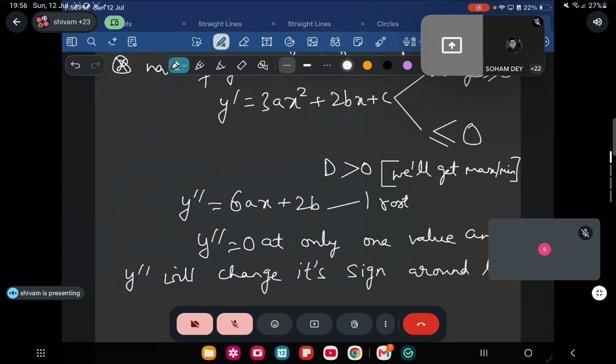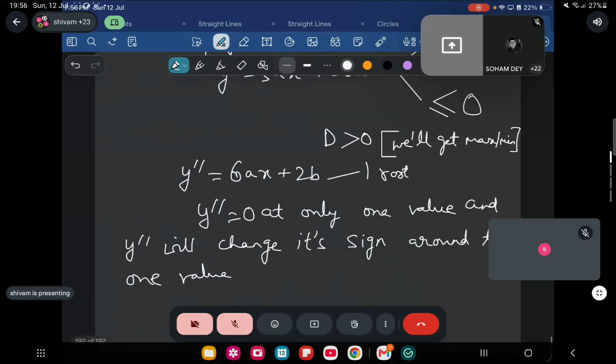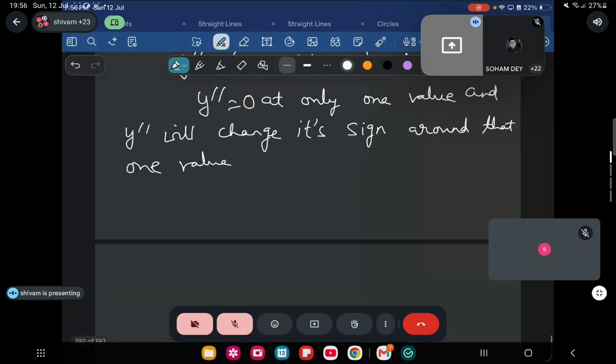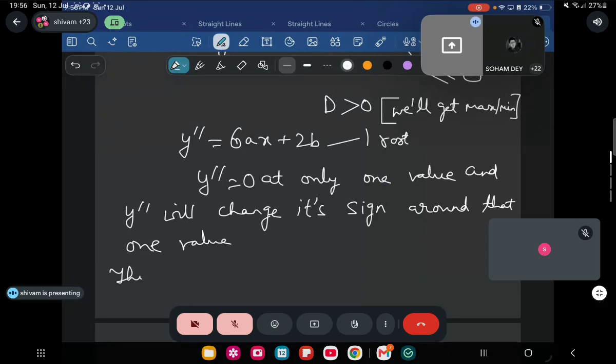Tell me, are people getting? Around that value it will change its sign. Thus we can say every cubic has exactly one point of inflection.